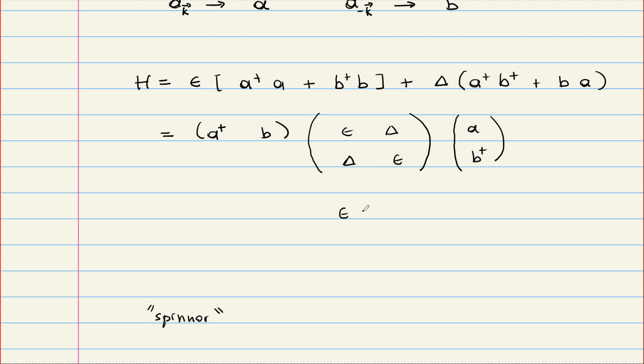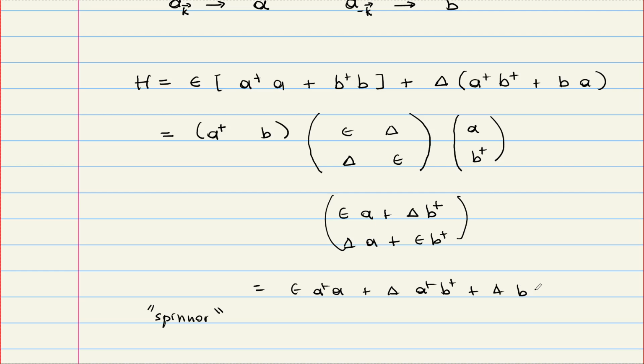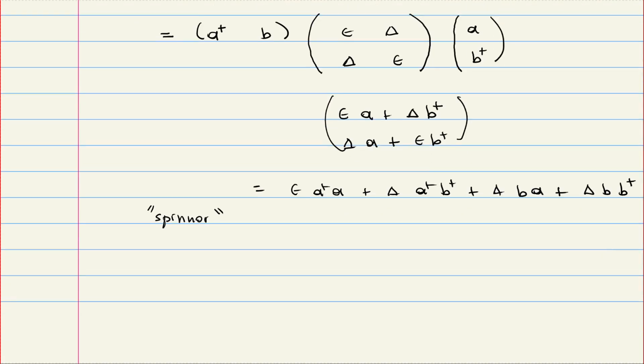So this is epsilon A plus delta B dagger, and this is delta A plus epsilon B dagger, and this thing is going to multiply this, and it's going to be epsilon A dagger A plus delta A dagger B dagger, right, plus delta BA, right? I first write this and then this, plus delta BB dagger, this one, right?